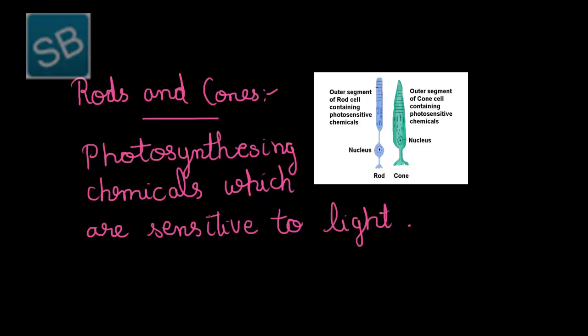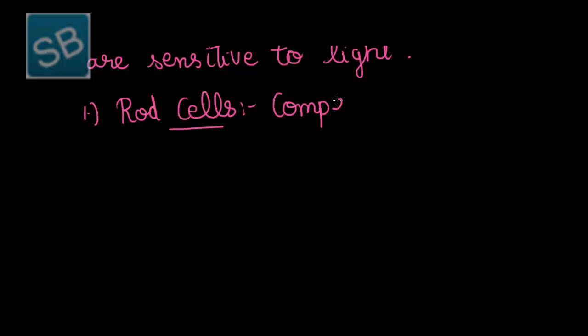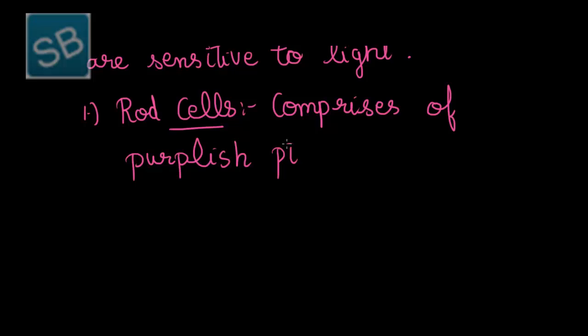So let us begin first with the rods. Rod cells consist of a purplish pigment, that is a light sensitive pigment, known as rhodopsin.